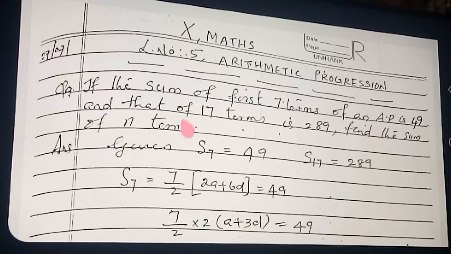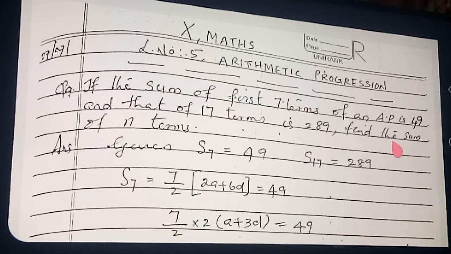That means you want to find out Sn. Okay, so S7, the sum of 7 terms, is given. That means what is given? S7 is given as 49, and S17 is given as 289, and you want to find out the sum of n terms.